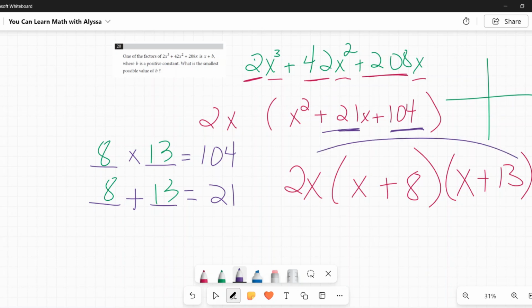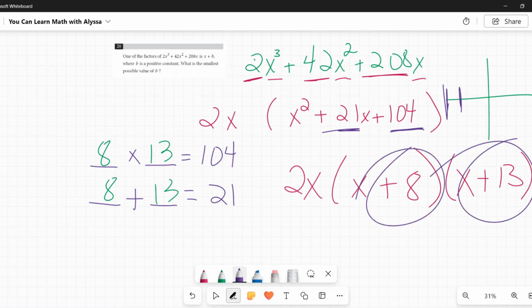What I mean by that is this particular graph right here is going to cross at -8 and -13, not +8 or +13. So if someone just defaults to going to their graph and goes like, I'm going to graph and find it that way, that's going to be super easy.